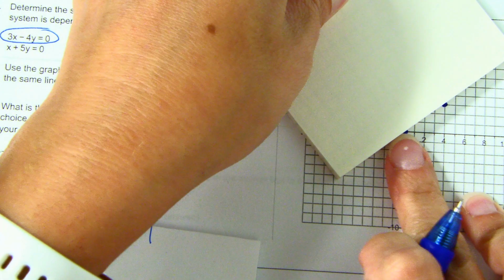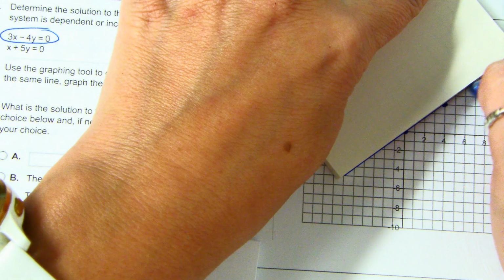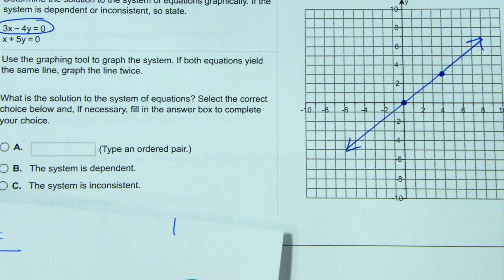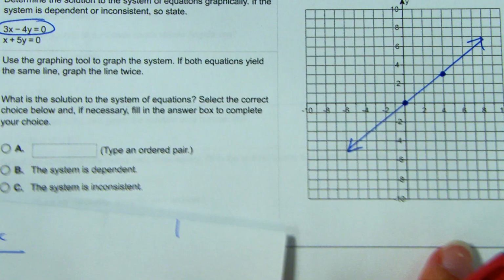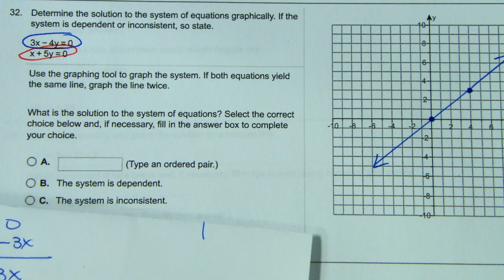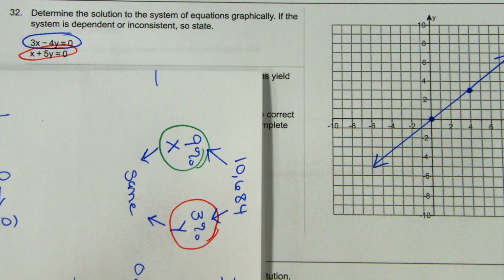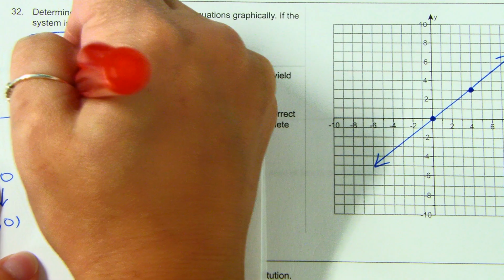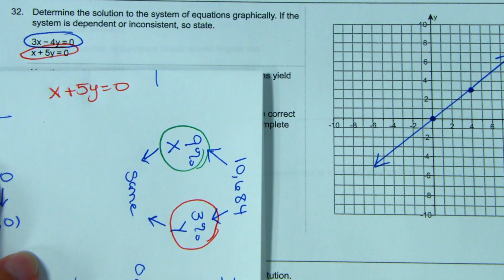Now we'll look at the bottom line, which I'm doing in red. But again, if you're colorblind, hopefully you can keep up with me because now I'm working on that bottom line. We have x plus 5y equals 0, and I'm going to do the exact same thing I did on the last one. I got to get this in y equals mx plus b format. So I subtract my x over, and I have 5y equals a negative x.